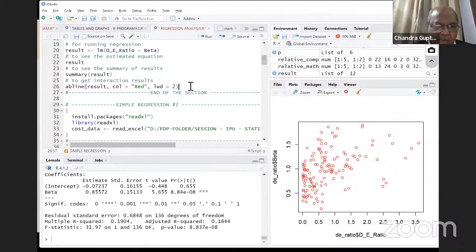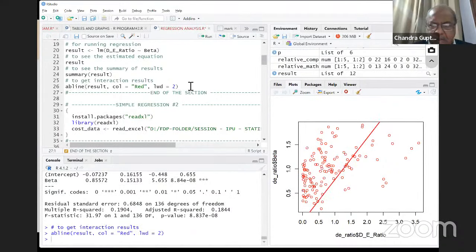Okay, so you will see the line fit, the regression line is being installed.